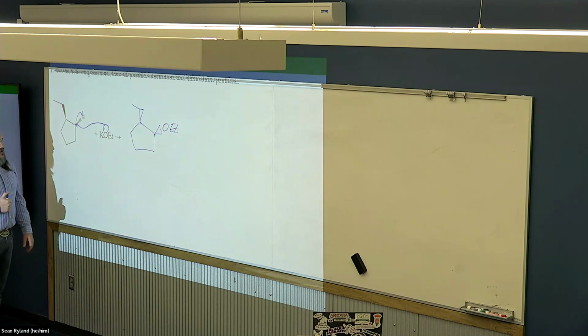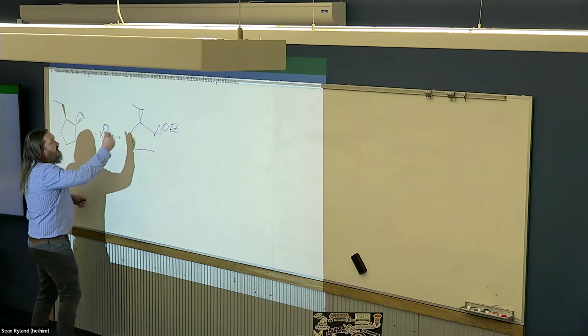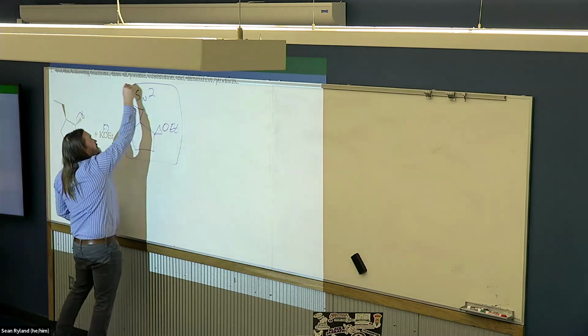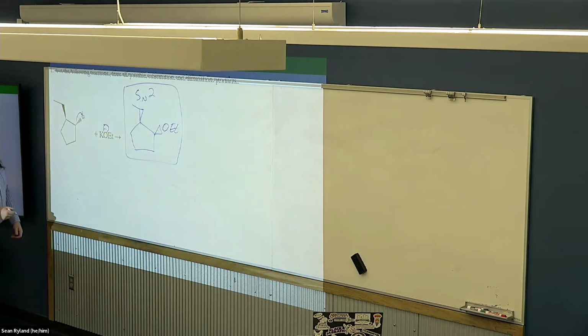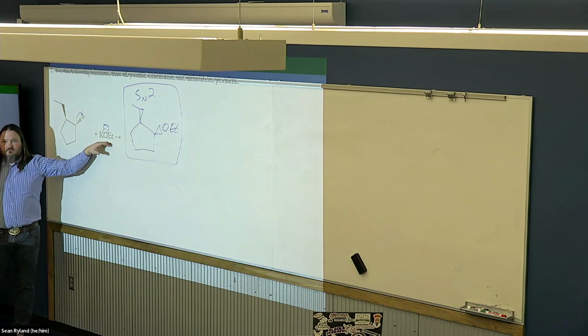If we're gonna look at E2, so we'll label this. If we're gonna do E2, it's still gonna be concerted, right? Which means we still have our leaving group leaving at the same time, except it's not gonna act as a nucleophile, it's going to act as a... What's it gonna do for an elimination reaction?